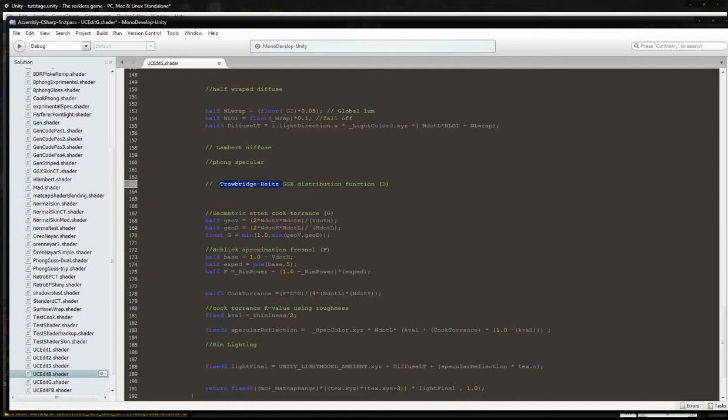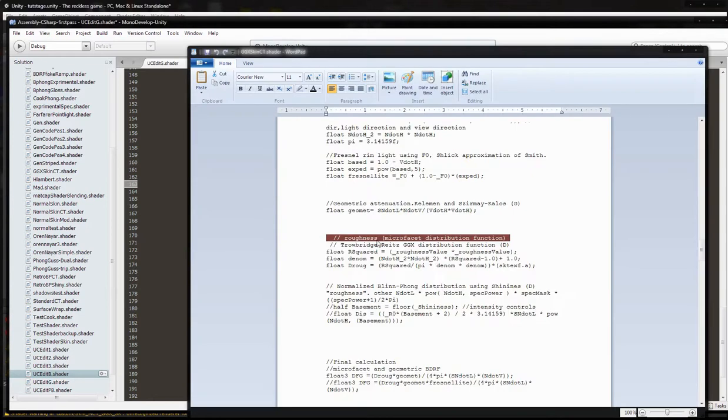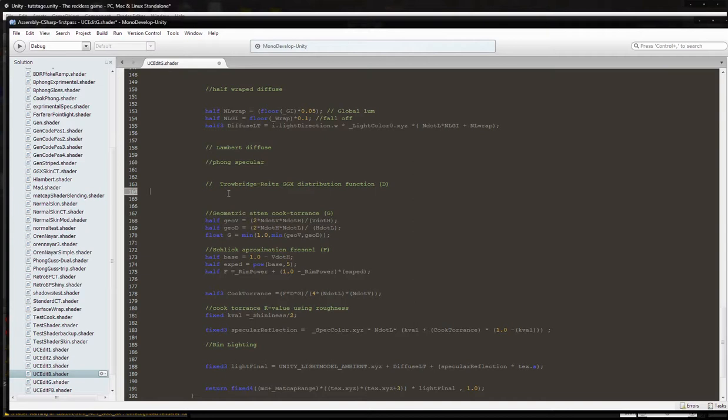I was calling it Tory, not sure why. Trowbridge-Reitz GGX distribution function, and the function is, we're going to start like how we did before.